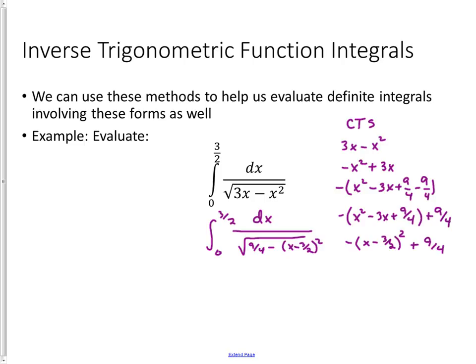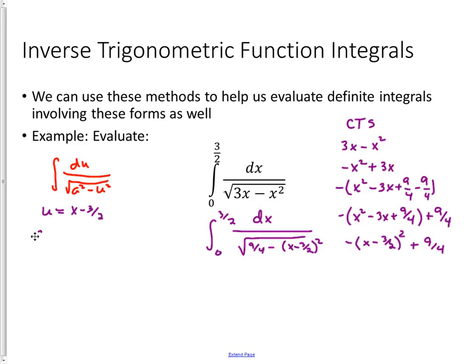And this actually looks kind of familiar, right? Because this looks almost like our antiderivative form du over the square root of a squared minus u squared. Well, it looks pretty obvious what our substitution is going to have to be right here. Let's go ahead and make our substitution u equal x minus 3 halves.